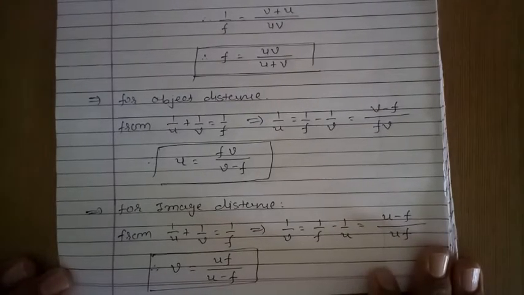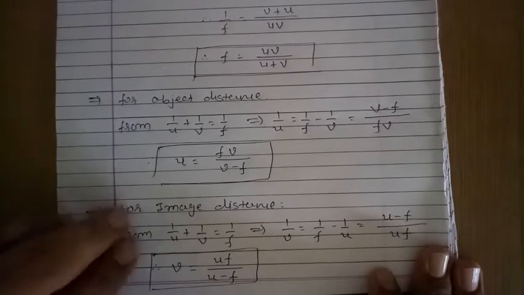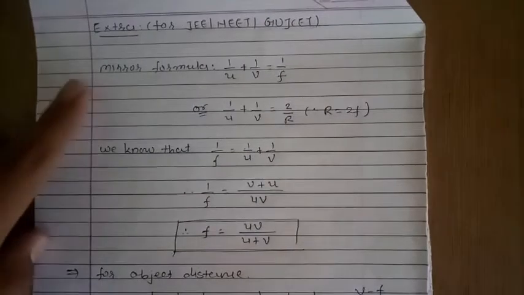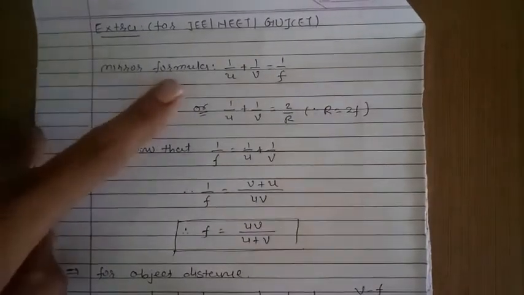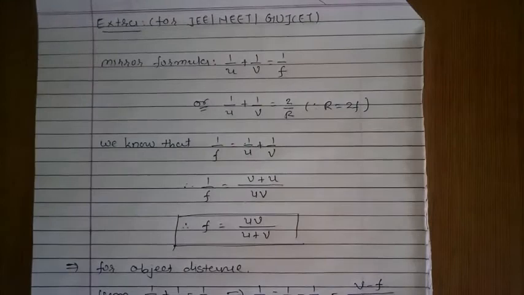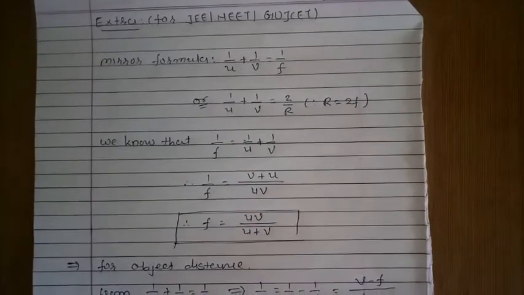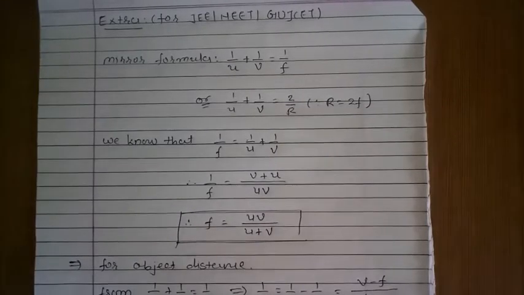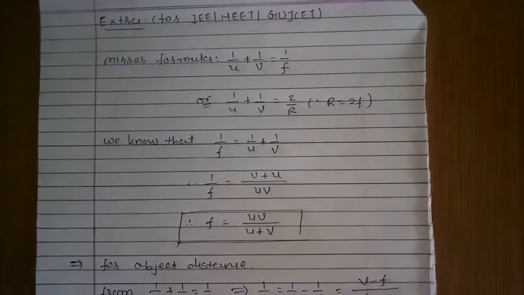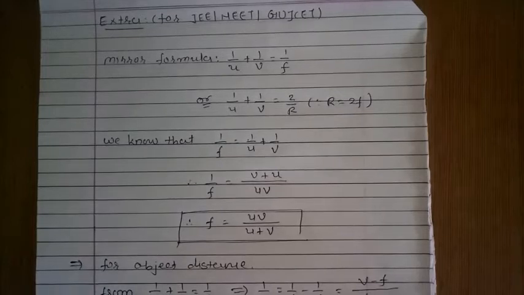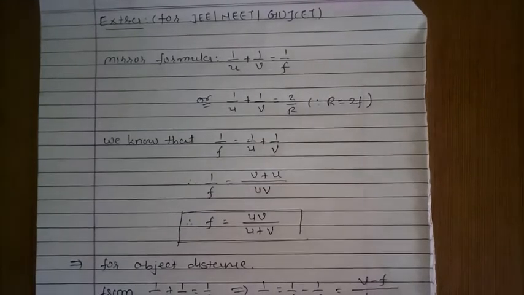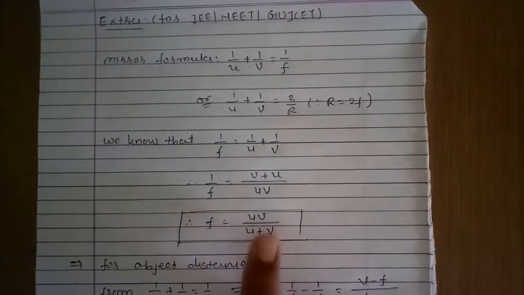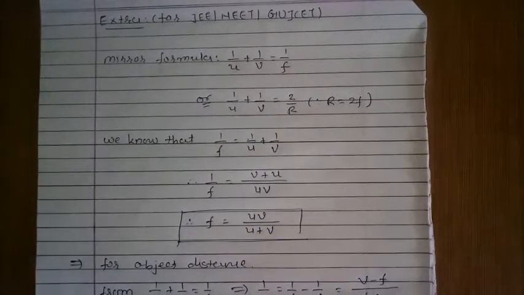Here you have to remember the following formulas. First, the mirror formula, which is 1 by u plus 1 by v is equal to 1 by f, or 1 by u plus 1 by v is equal to 2 by r, because r is equal to 2f. Suppose we have to find the focal length and u and v are given, we have to remember this equation: f is equal to uv upon u plus v.